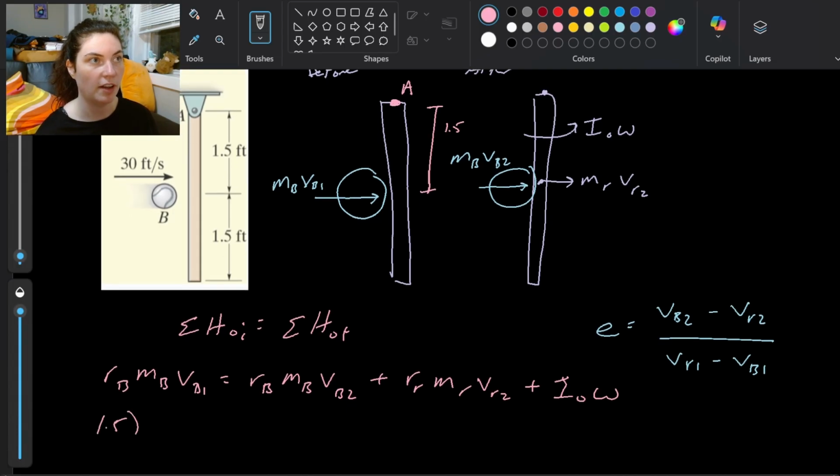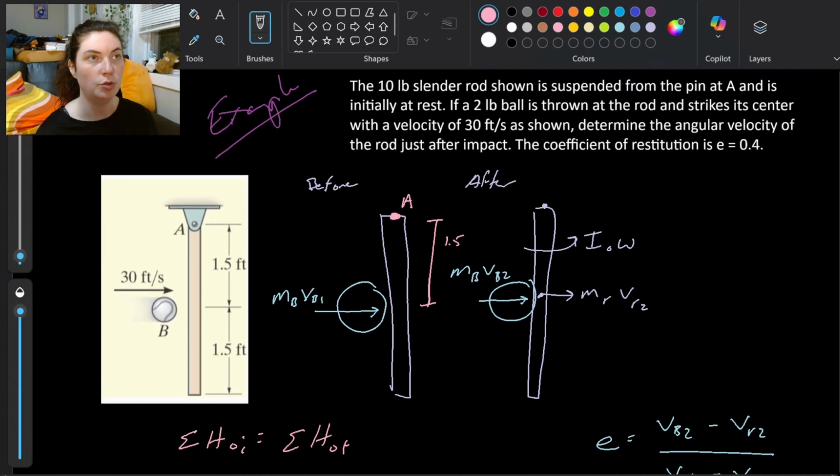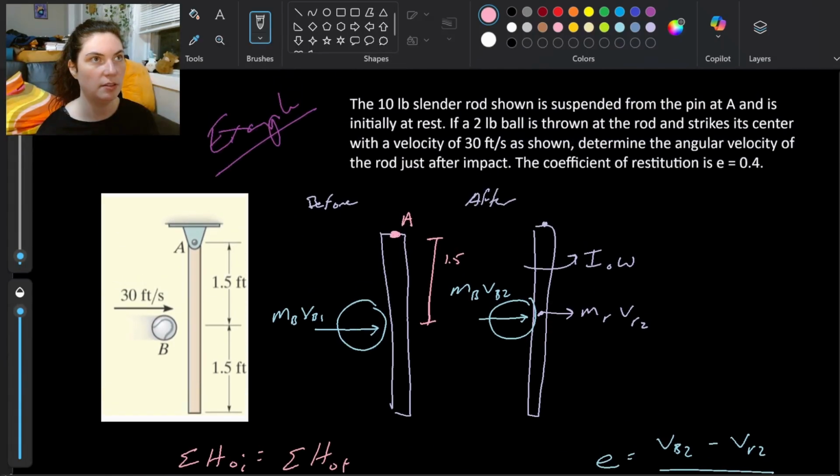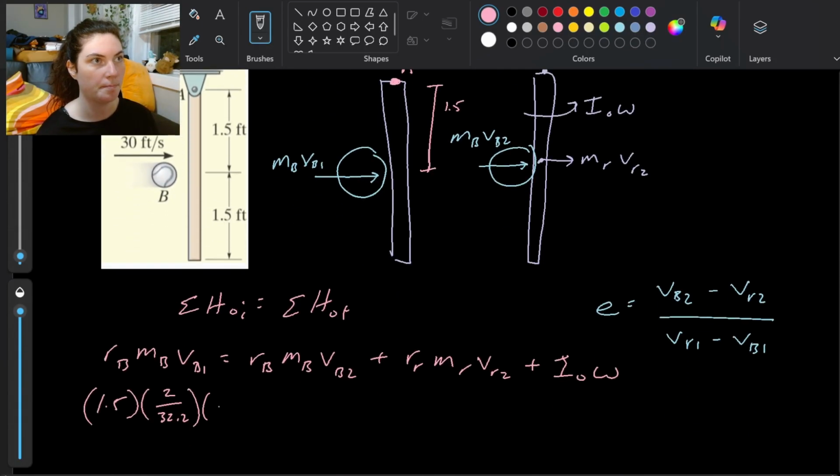We've got 1.5 times the mass of the ball, which we had was 2 pounds. 2 pounds is our weight, so 2 over 32.2 to get our mass. And then VB1, which they did give us, I believe. Yes, we have 30 feet per second. That's perfect. We know everything in the before, just numbers, plug them all in.